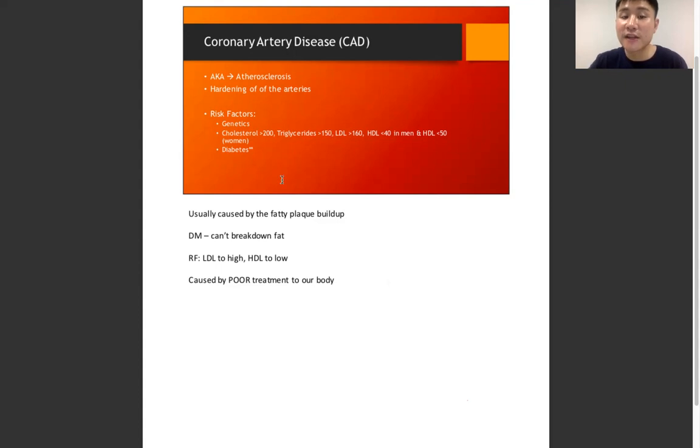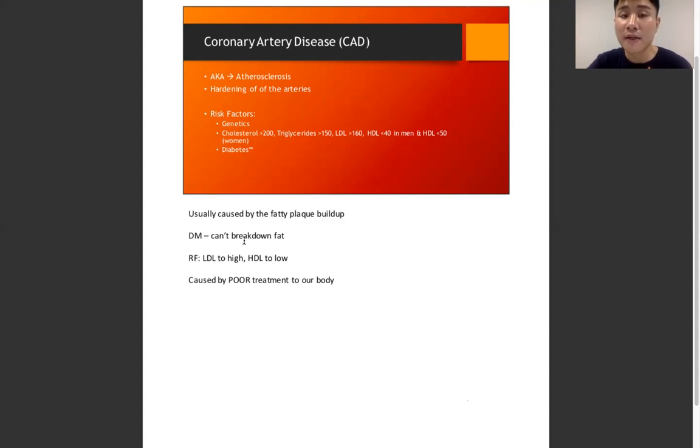Risk factors include genetics, cholesterol over 200, triglycerides over 150, LDL, the bad cholesterol, over 160, and HDL, the good cholesterol that we want to be high, so it should be over 40. But if it's less than 40 in females, or less than 50 in men, this patient is at risk for CAD, and also diabetes.